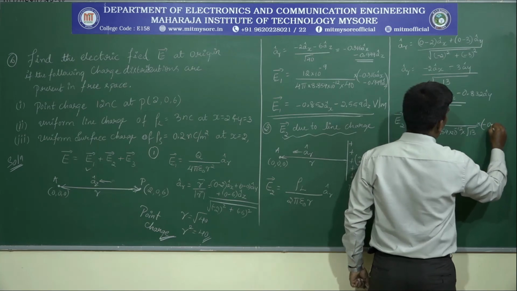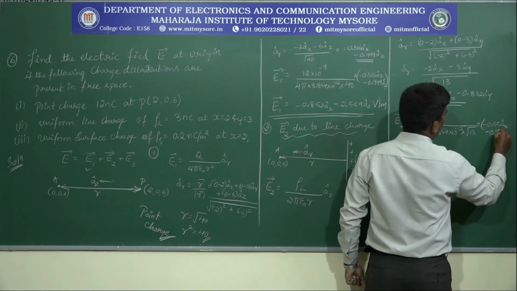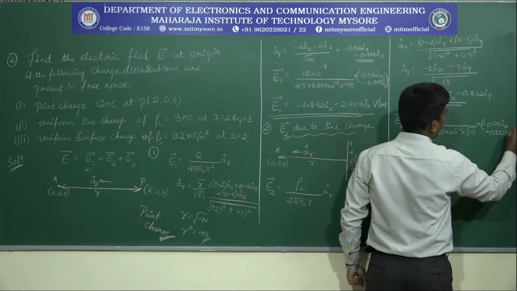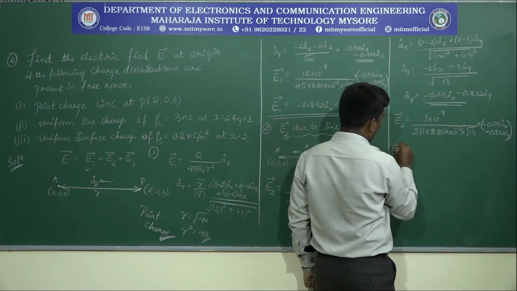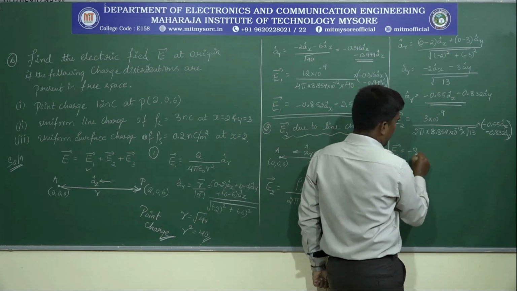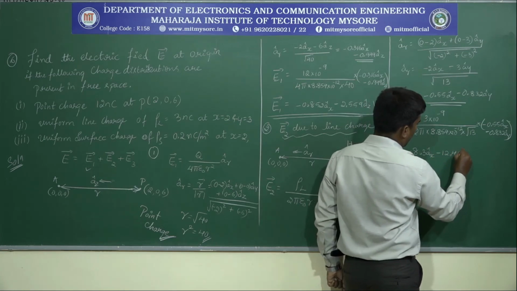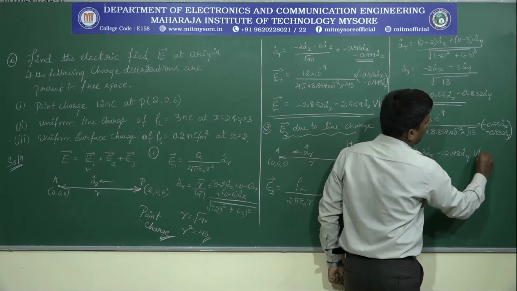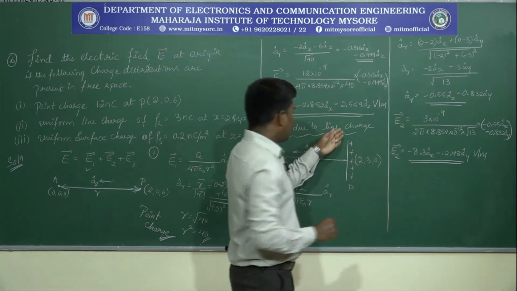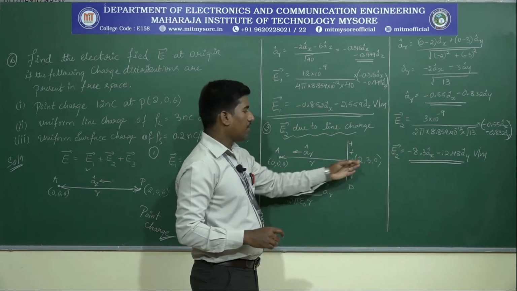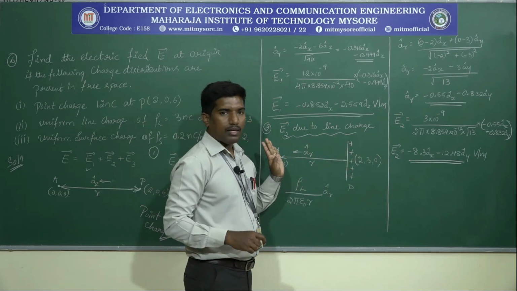This is minus 0.55 a cap x minus 0.832 a cap y. This is the term we need to substitute. After solving this, E2 will be equal to minus 8.3 a cap x minus 12.48 a cap y volt per meter. This is the electric field intensity due to uniform line charge at point P with coordinate 2, 3, 0 induced at origin. E2 is given by this term.